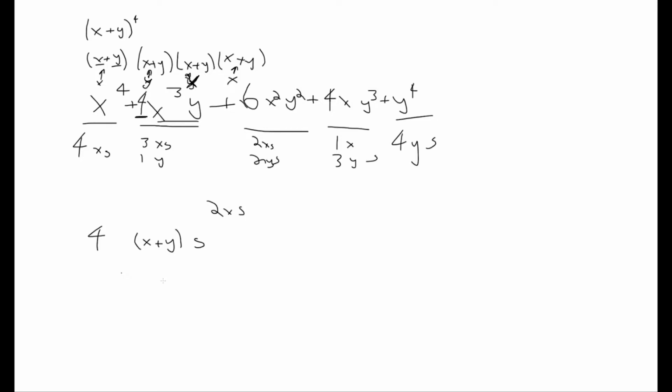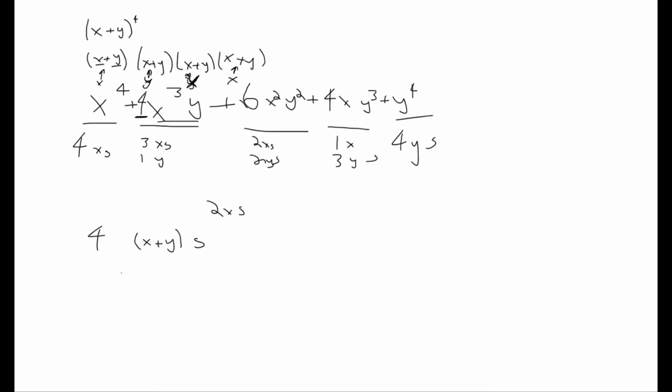what we have to do is basically find how many different ways we can choose 2 x's. Okay? So what I mean by that is we can sort of pretend like we're choosing 2 of these x plus y's to be x's.